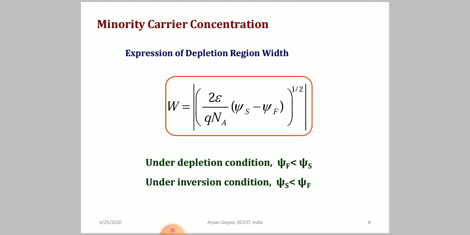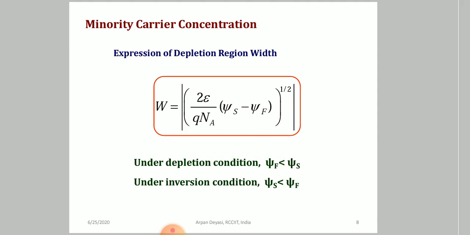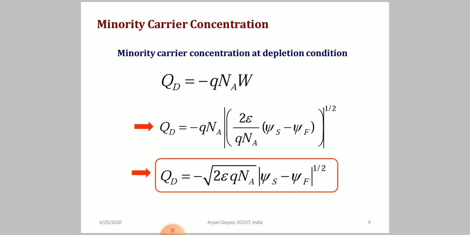Now under depletion condition, the Fermi is less than the surface. But under inversion condition, surface is greater than the Fermi. And if you go for the charge concentration, now the actual part, what is the value of the charge? You know that it is width multiplied by charge density. That's the basic formula.